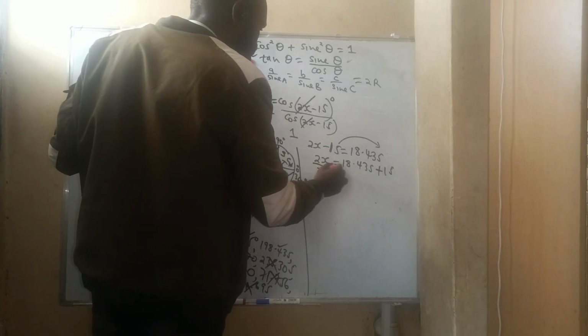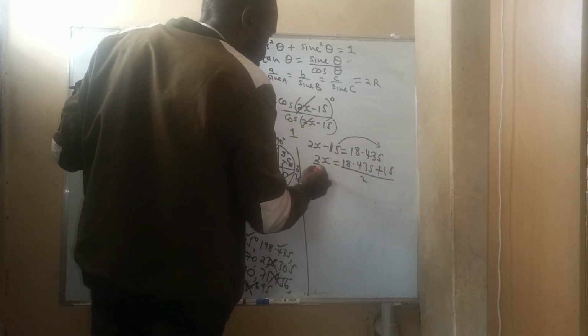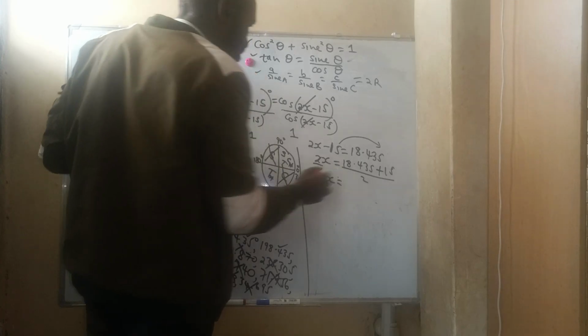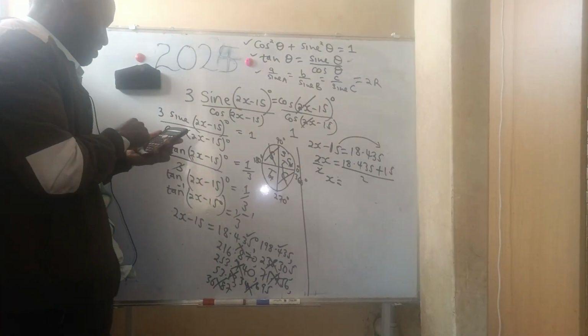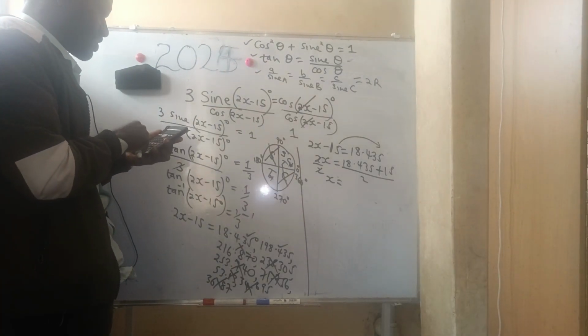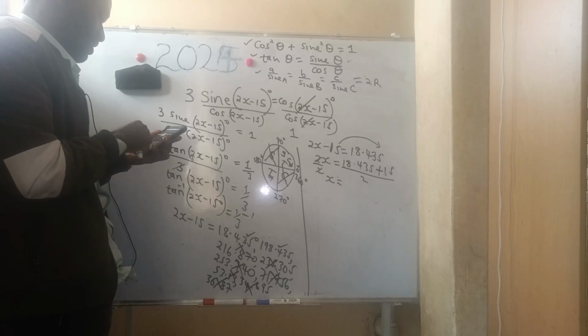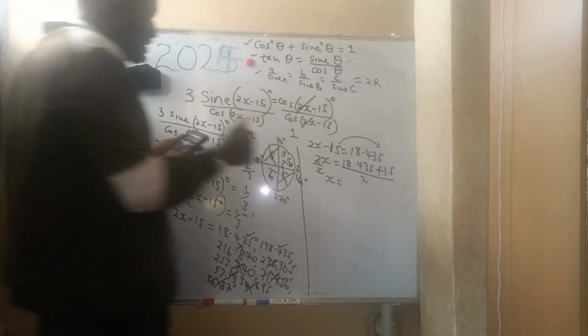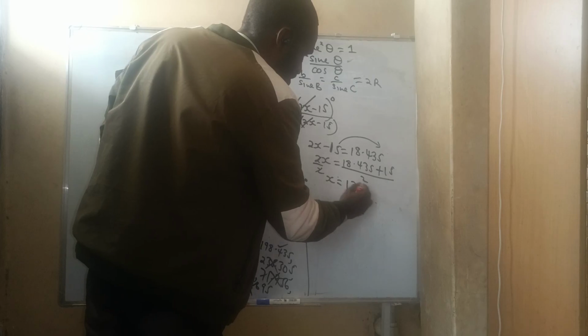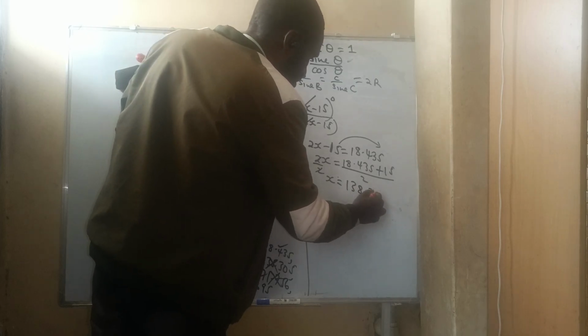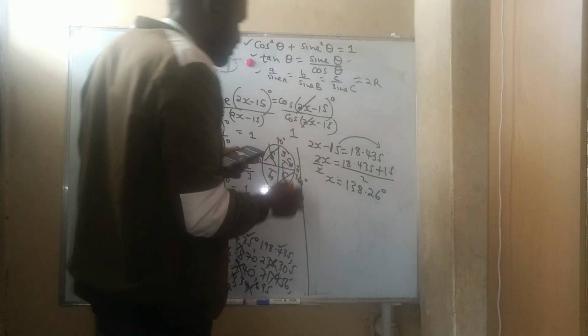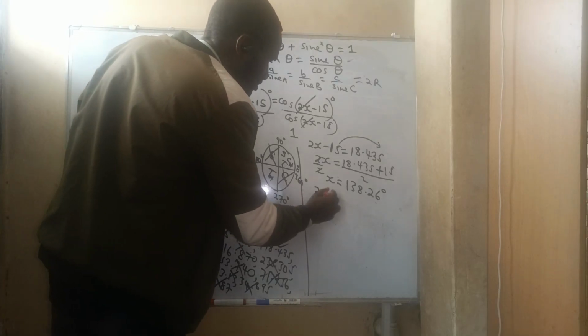We shall divide both sides by 2 to get the exact value of x. So 18.435 plus 15, then divided by 2.